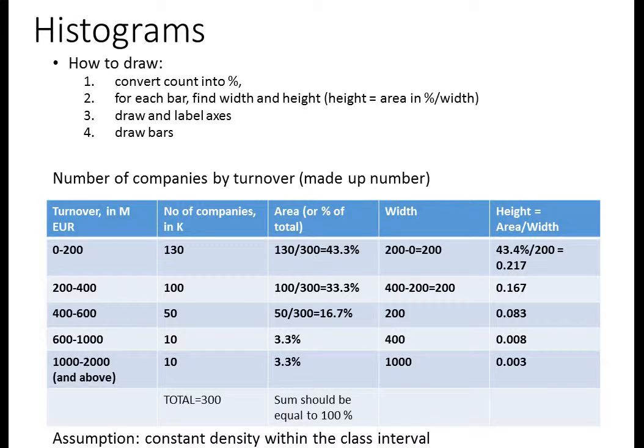Okay, and my question is how to represent this information in the form of a histogram. And on the screen you see really 4 easy steps. We have to do them in order to get a histogram for this data. So step 1, we convert counts from column 2 into percentages. And the result of this step is reported in column 3.